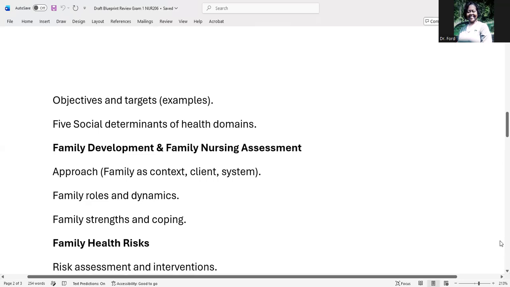So we have family development. We have dysfunctional families and functional families. And what that means is a dysfunctional family doesn't mean that the family is bad. When a family is dysfunctional, they're not equipped to respond in the event that a crisis happens. And crisis varies.